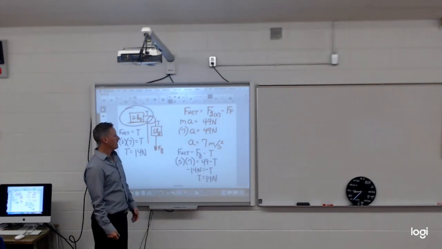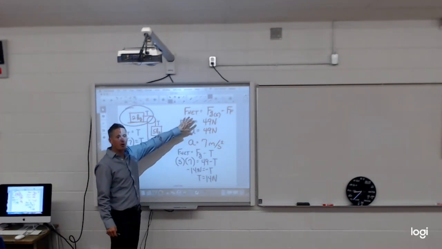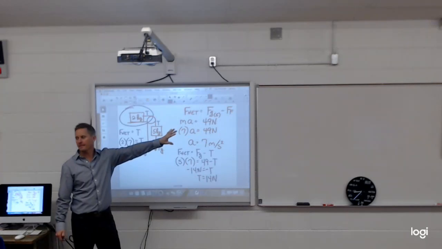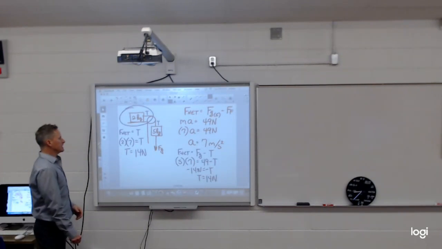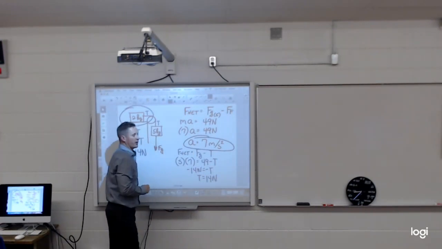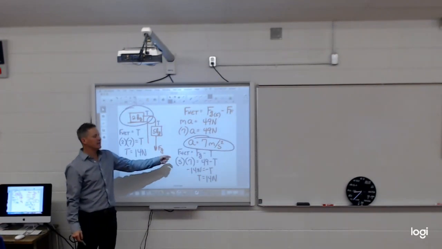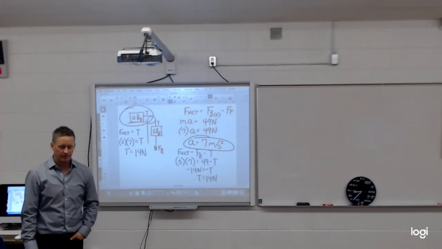The book does it a little bit more confusing way. This is the easiest way to do it. Find your acceleration for both of them first, and then find the individual tensions after. That's the easiest way to do that question.